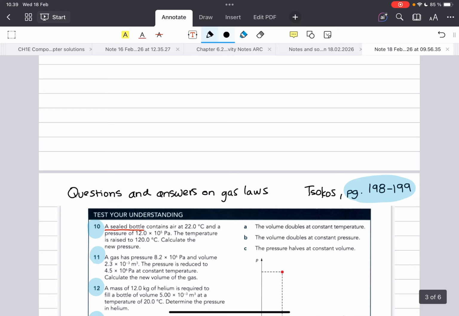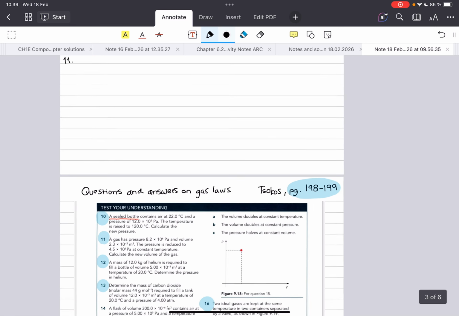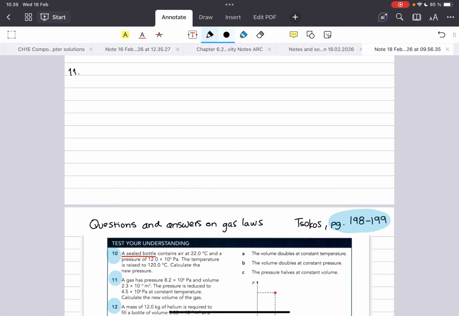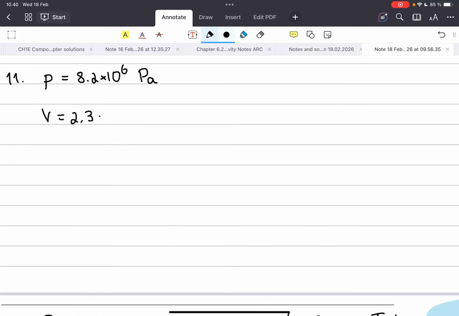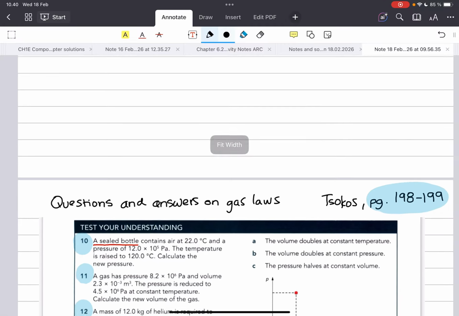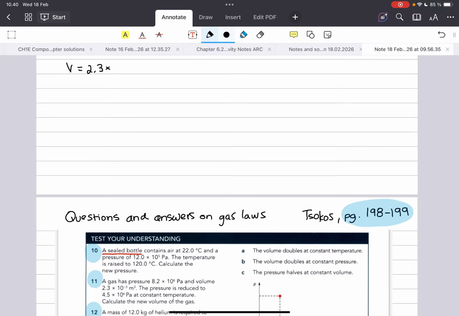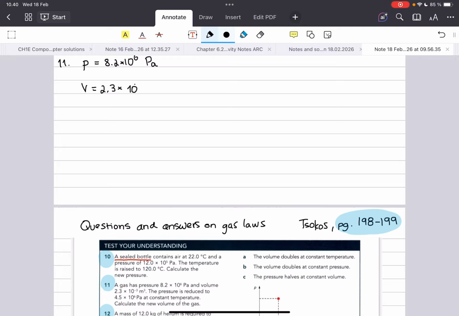Question 11 says, a gas has a pressure of 8.2 times 10 to the 6 pascals. Let's write this down. 8.2 times 10 to the power of 6 pascals. And the volume of that gas is 2.3 times 10 to the power of negative 3 cubic meters.